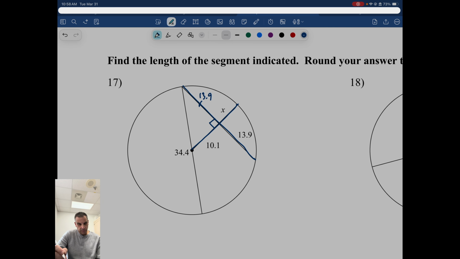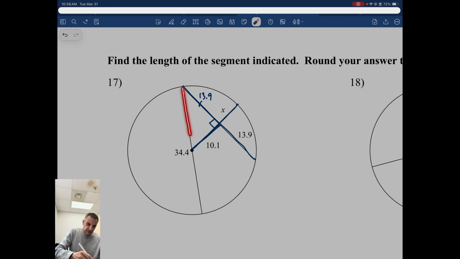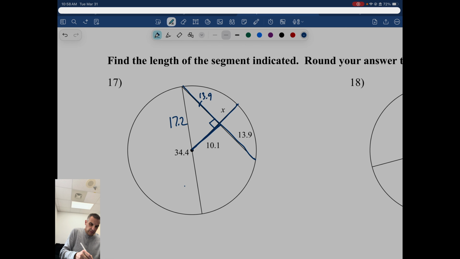I don't know if that helps me. I have this distance is 10.1. The whole diameter is 34.4. If I take 34.4 and divide that by 2, that gives me the radius, which is 17.2.